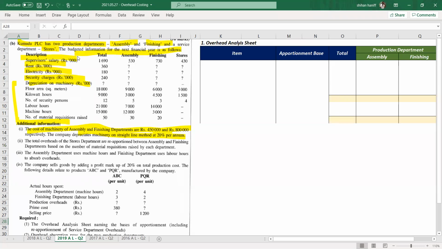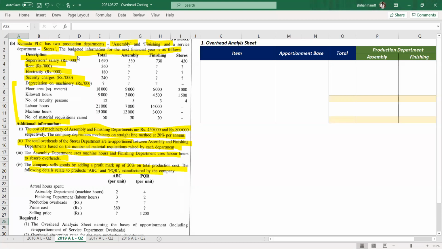Total overheads of the stores department are reapportioned between assembly and finishing department based on the number of material requisitions raised. The assembly department uses machine hours, and finishing department uses labor hours to absorb overheads. The company sells goods by adding profit markup of 20% on total production cost.